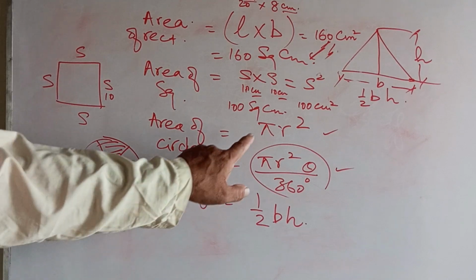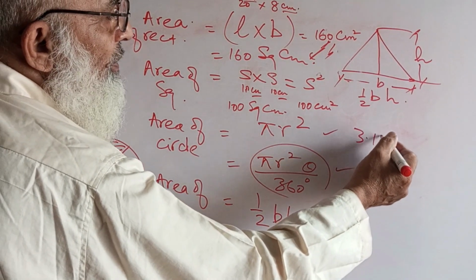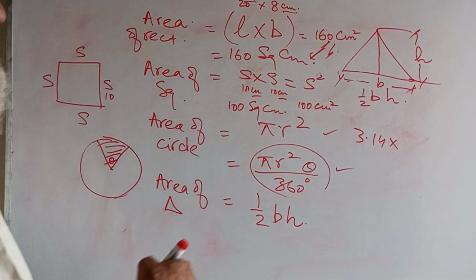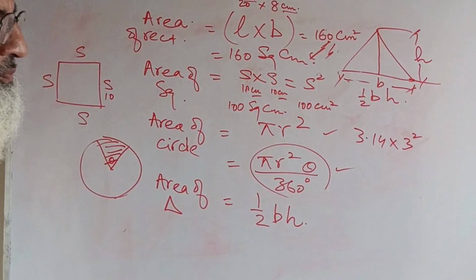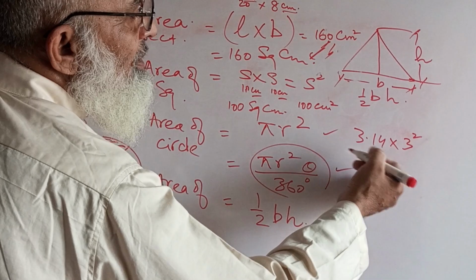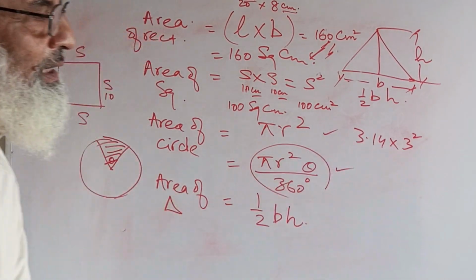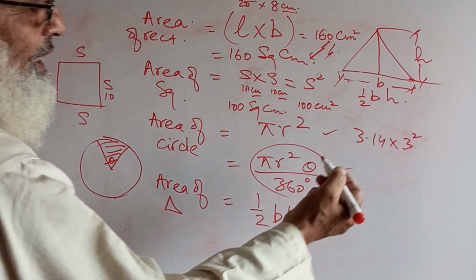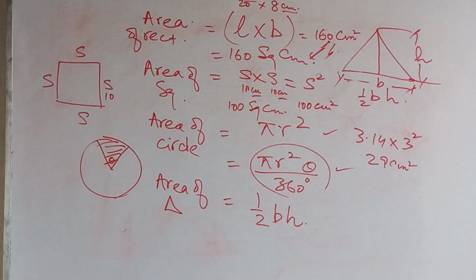And for this circle, you will have to multiply the value of radius. Whatever the radius be, maybe it is 3, so 3 square is 9, 3 times 9 is 27 and something like 29, maybe 29 centimeters square.